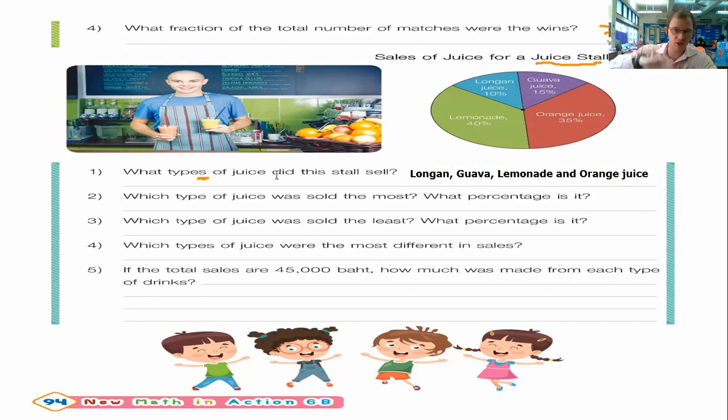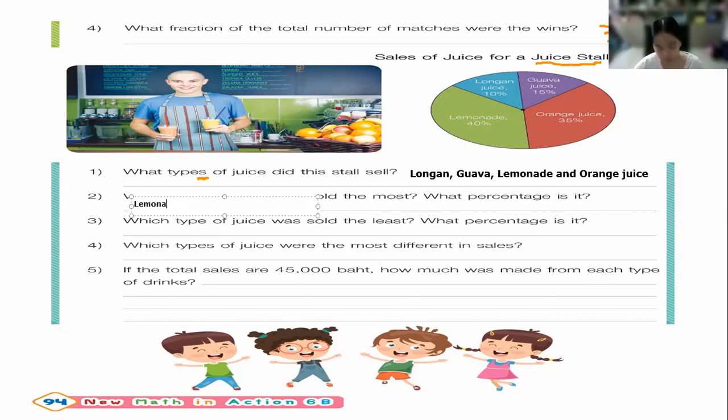Okay, 4 more questions. Which type of juice was sold the most? What percentage is it? You can tell me which one was sold the most. Anyone tell me? Let's look at the chart. Lemonade, excellent.